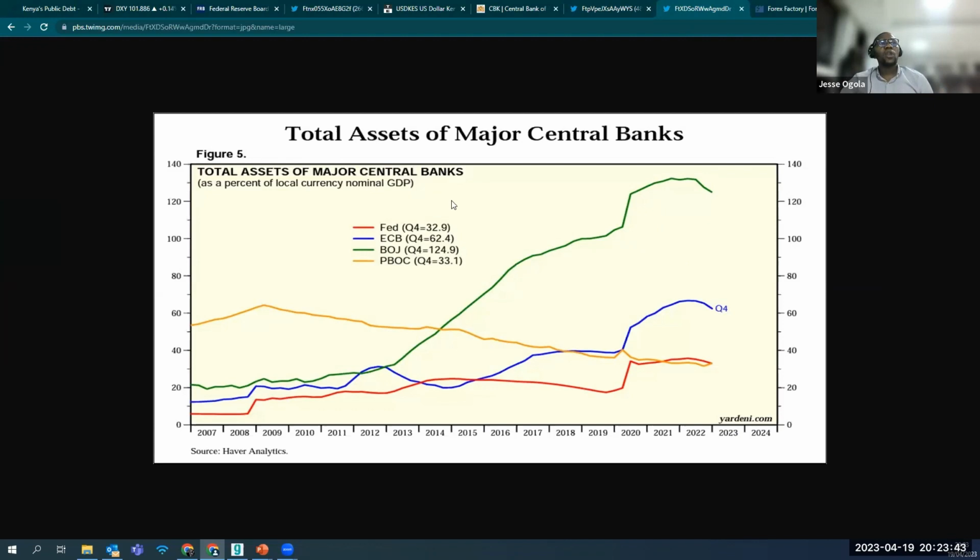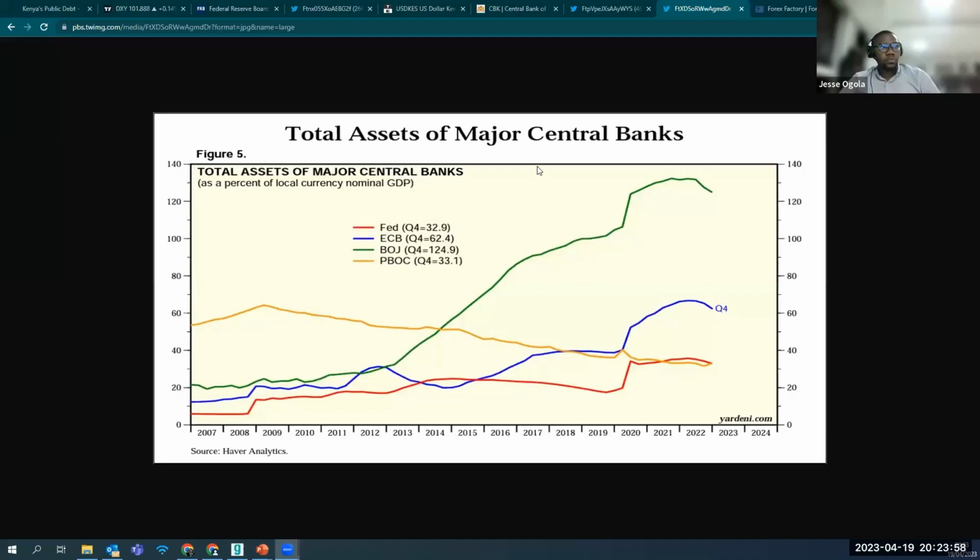It shows the total assets, still within the balance sheet narrative, of the Federal Reserve compared to ECB, compared to BOJ, compared to People's Bank of China.